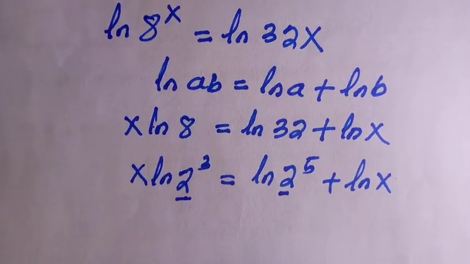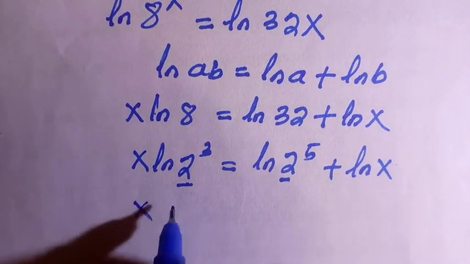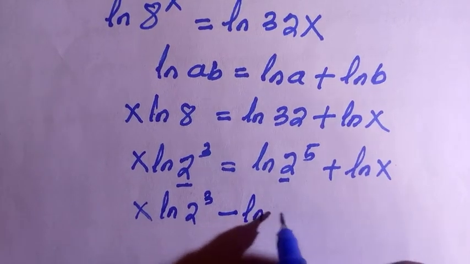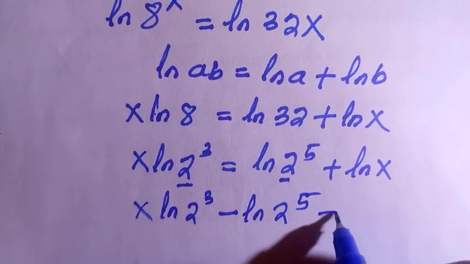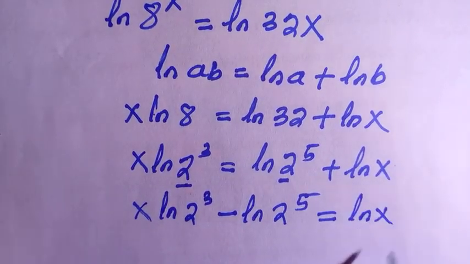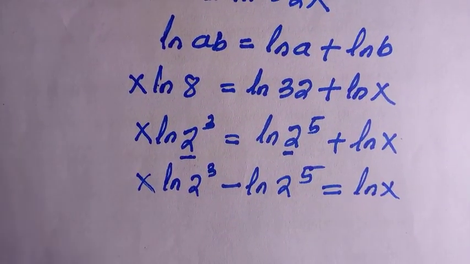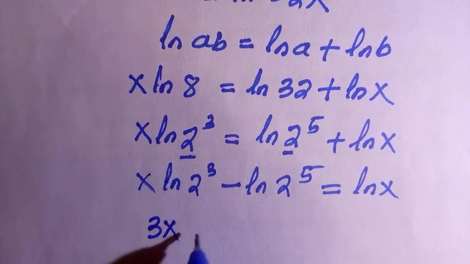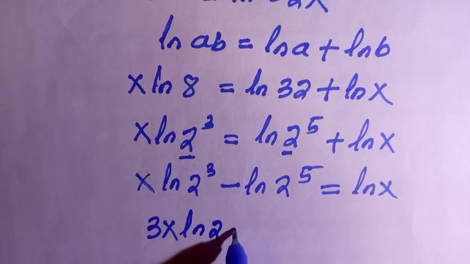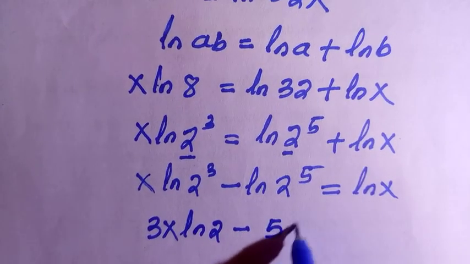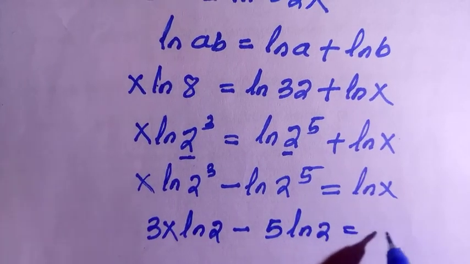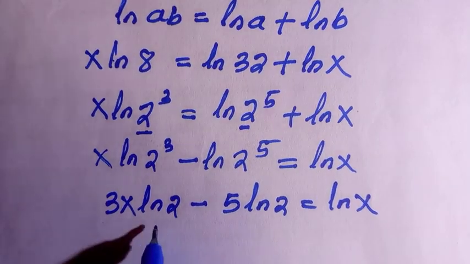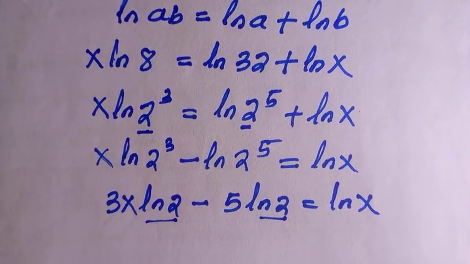So by combining these two to one side, we have x ln 2 to the power of 3 minus ln of 2 raised to the power of 5 equals ln x. Then the 3 comes down, so it multiplies x and becomes 3x ln 2, while 5 also comes down and becomes 5 ln 2, equals ln x. Then ln of 2 is common, so we factorize it out.